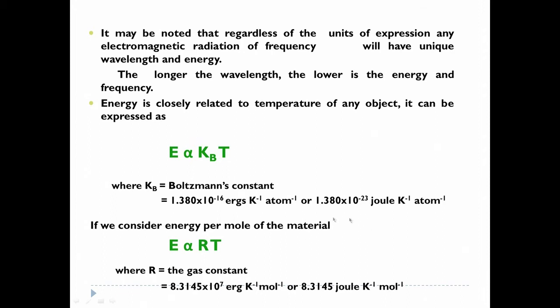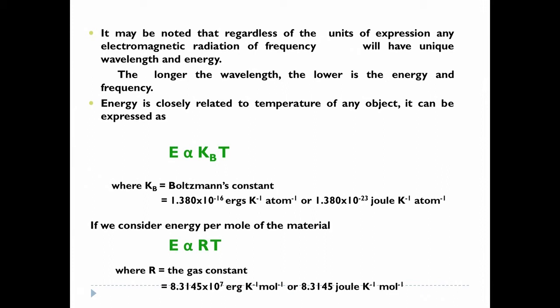So, if I use that concept, the energy per mole can be described as proportional to R into T, where R is the gas constant given by 8.3145 into 10 raised to 7 ergs per degree per mole, or in terms of joules, 8.3145 joules per degree per mole.